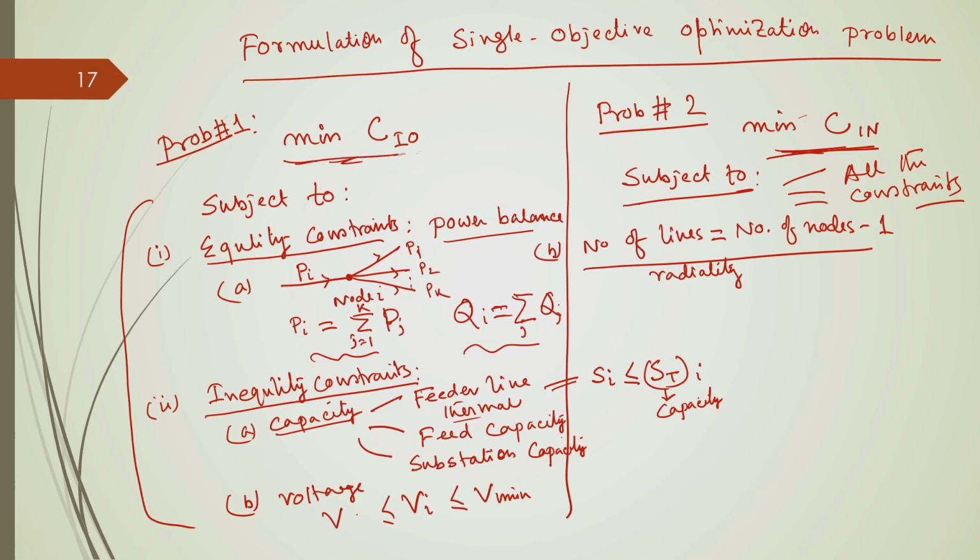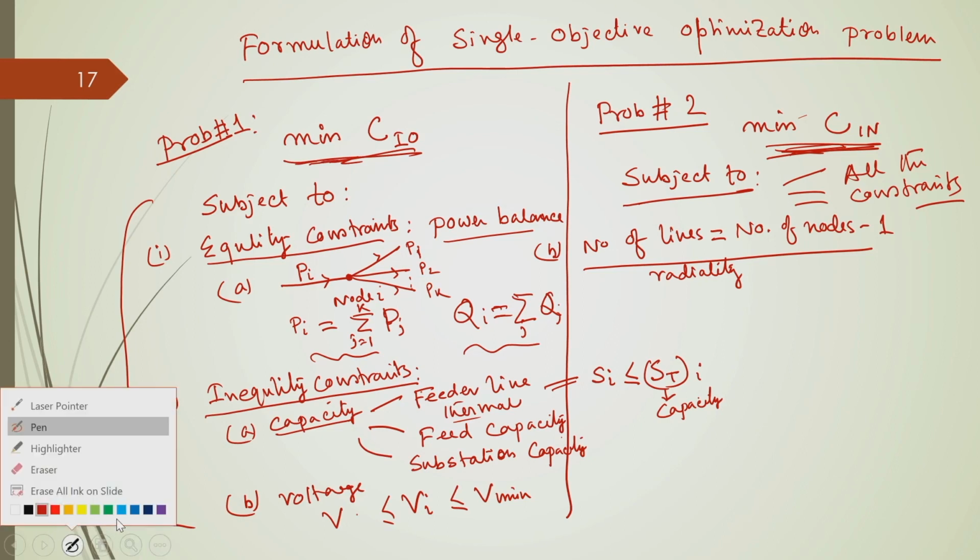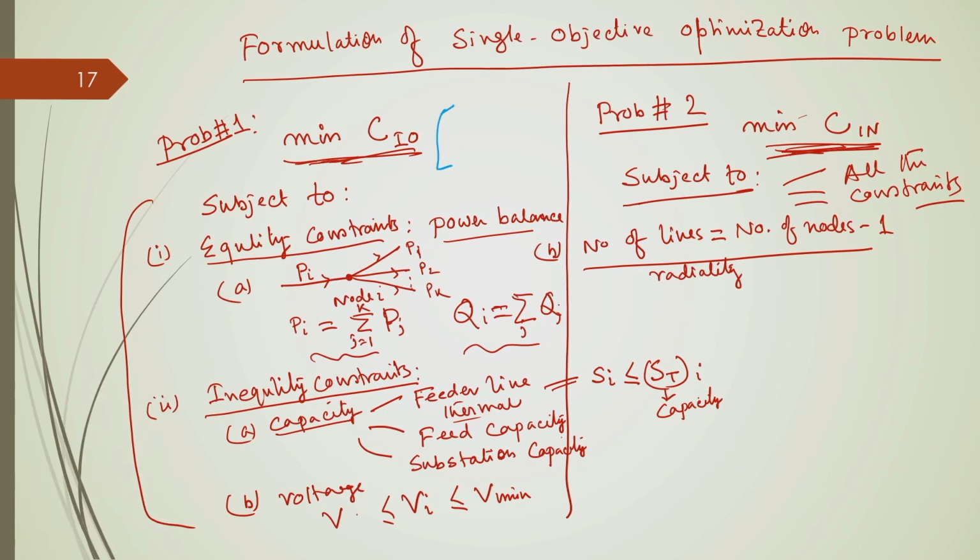In one case our objective is total installation and operational cost, in another case our objective function is total interruption cost, and both are minimization problems. Here by minimizing the total investment and operational cost, the solution we get would be an economical solution.